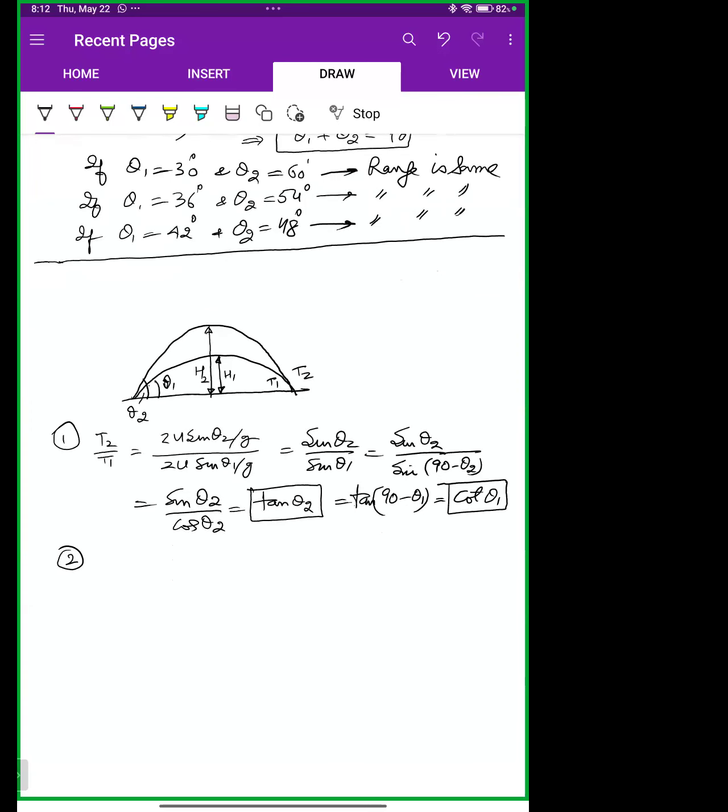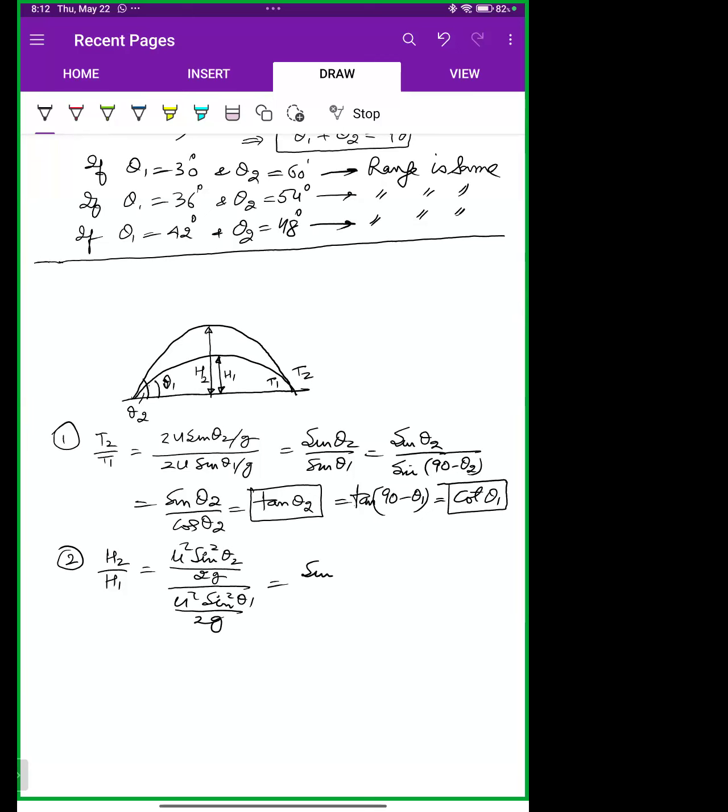The second comes H2 by H1. H2 by H1 is U square sin square theta 2 by 2g divided by U square sin square theta 1 upon 2g.